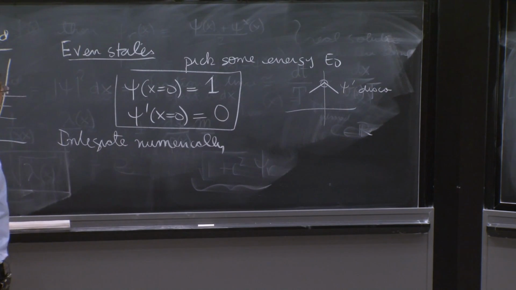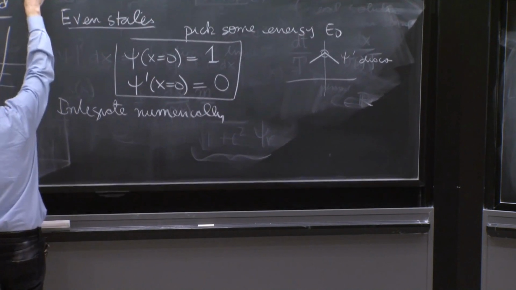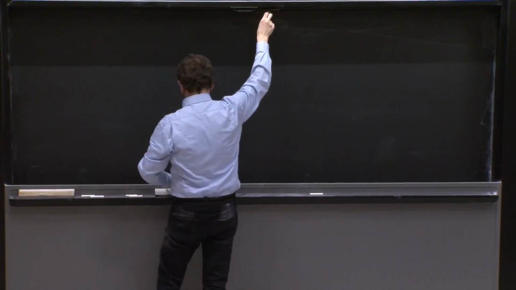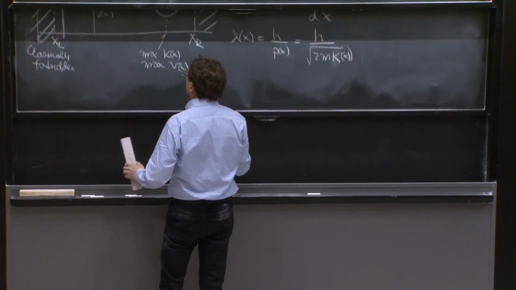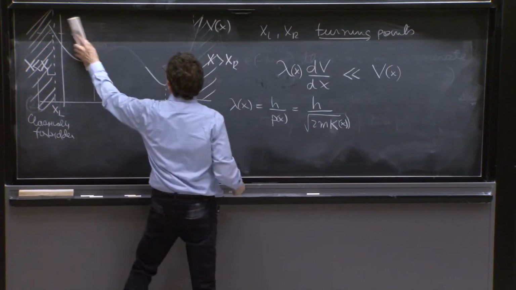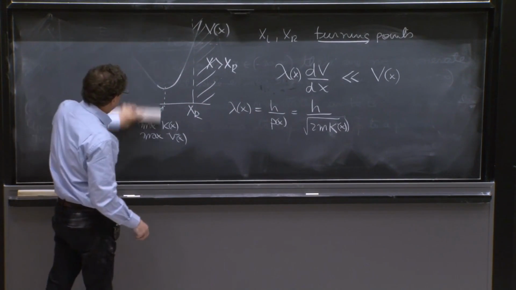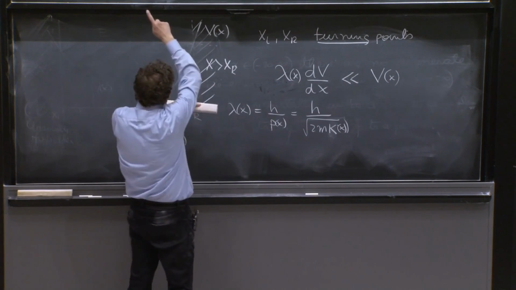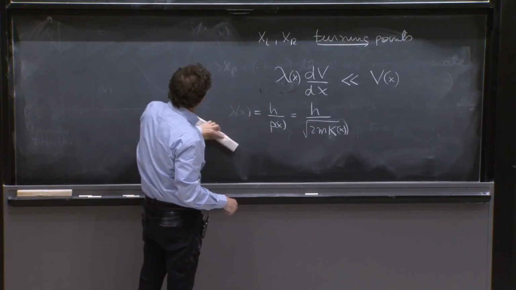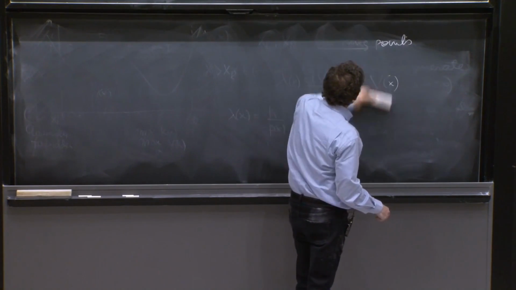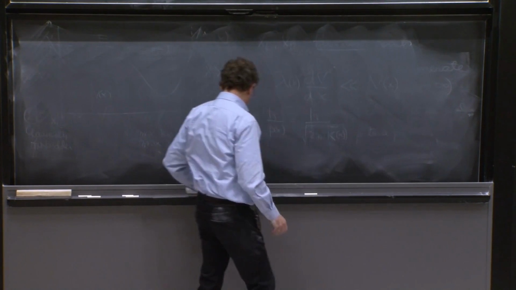And what will happen? Well, if you integrate numerically, the computer is just going to integrate and see no problem. Basically, it's just going to do the integral. You ask the computer to calculate the wave function up to x equals 5, it will calculate it. So the problem is that you can see it visually.